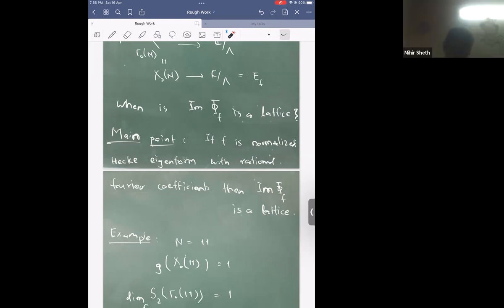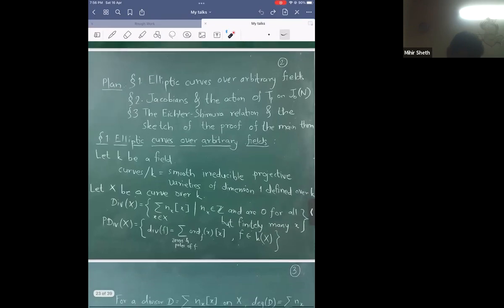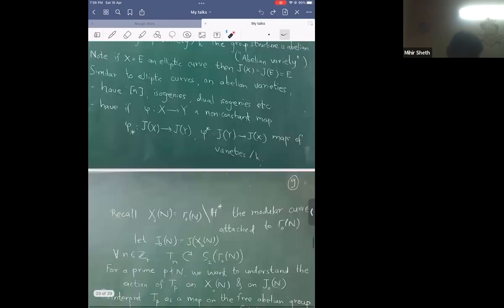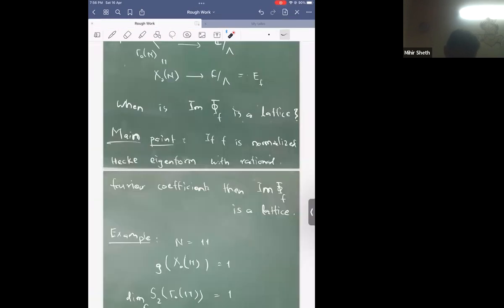Yeah. I mean, okay, I gave you some idea in the talk, right? How do you get E_F as a quotient of the Jacobian. So this involves constructing quotients of Jacobians, the Hecke operator action.